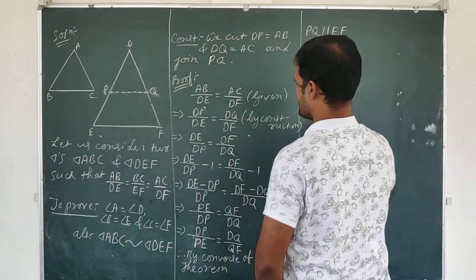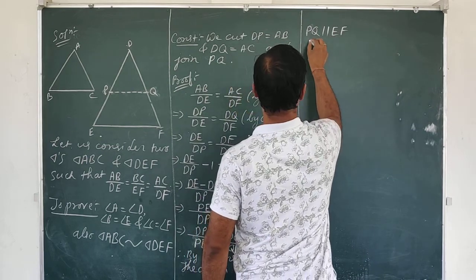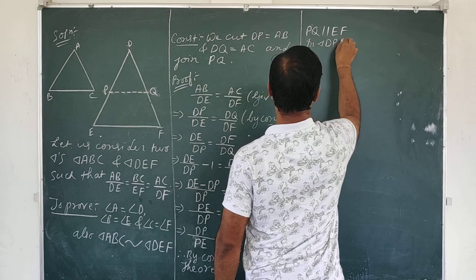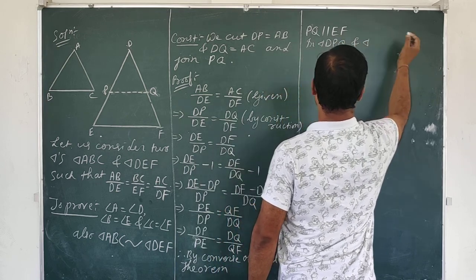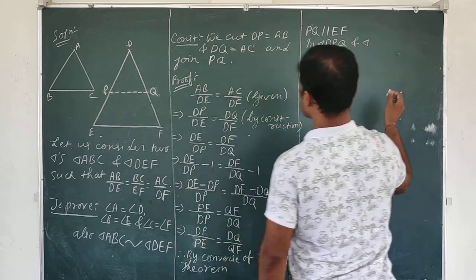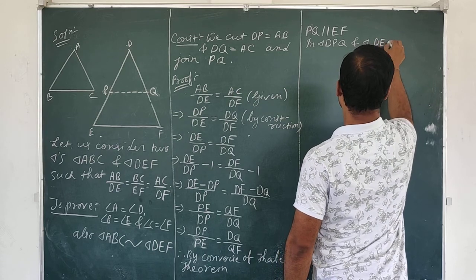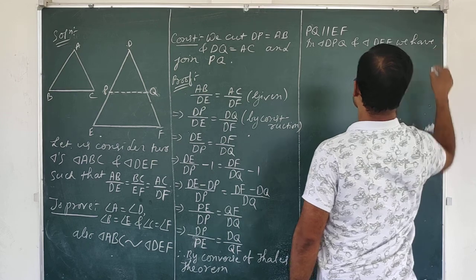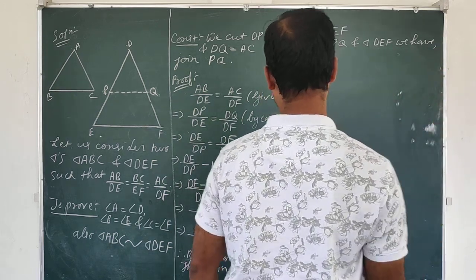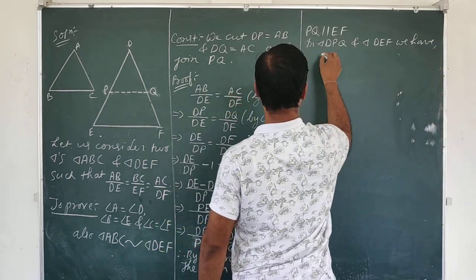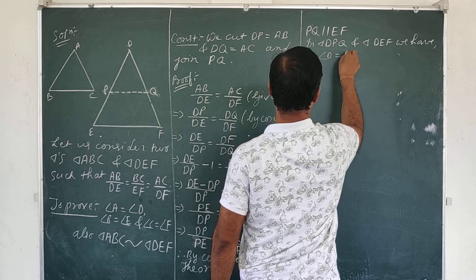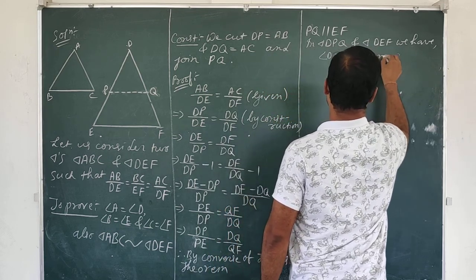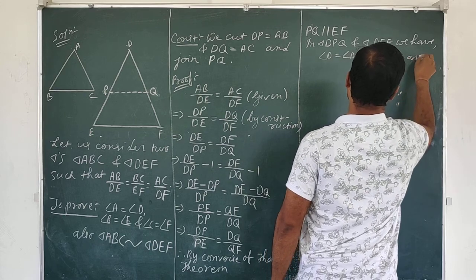So now in triangle DPQ and triangle DEF, friends, we have angle D is equal to angle D. This is a common angle.